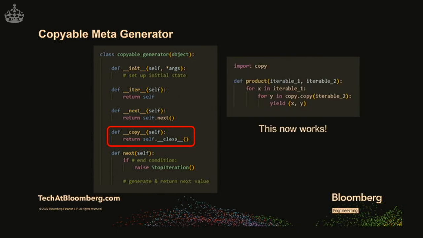And this other naive product implementation now works as well. We haven't had to change that code at all. We just change our lazy loading iterable that we're passing in by making it a little more aware of how it might be used.